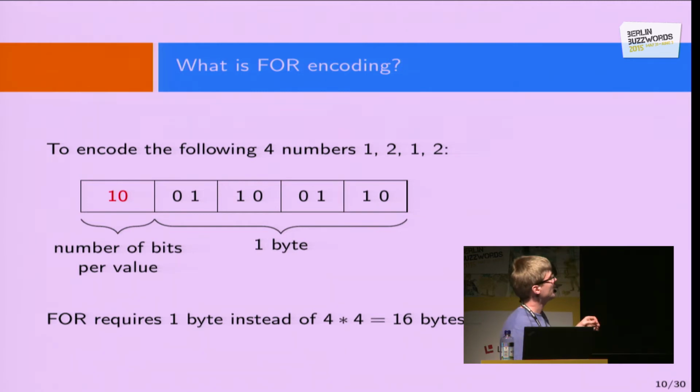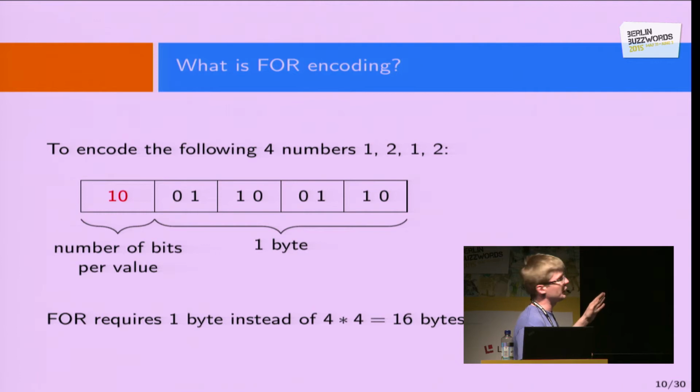Then we write at the head of this block the number of bits per value, and then encode every value with that bit size. So for this example, encoding requires 1 byte instead of 16 bytes.